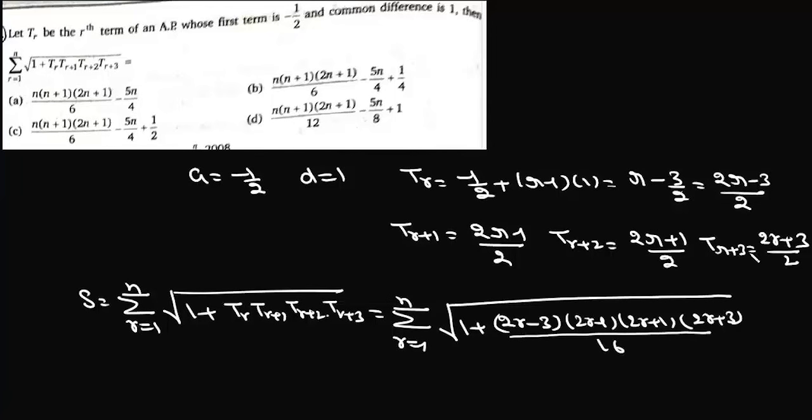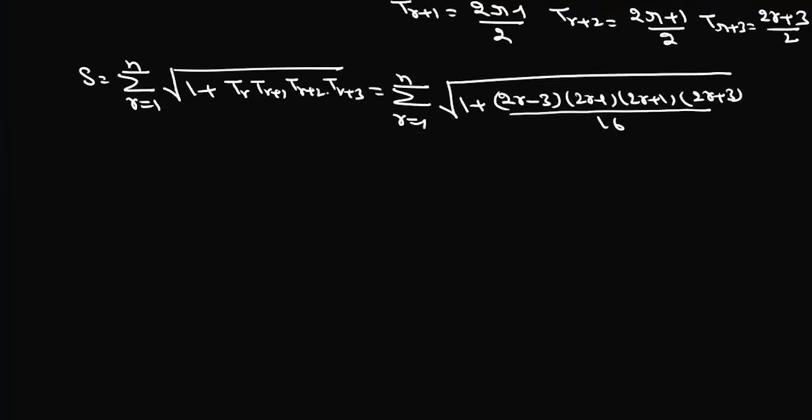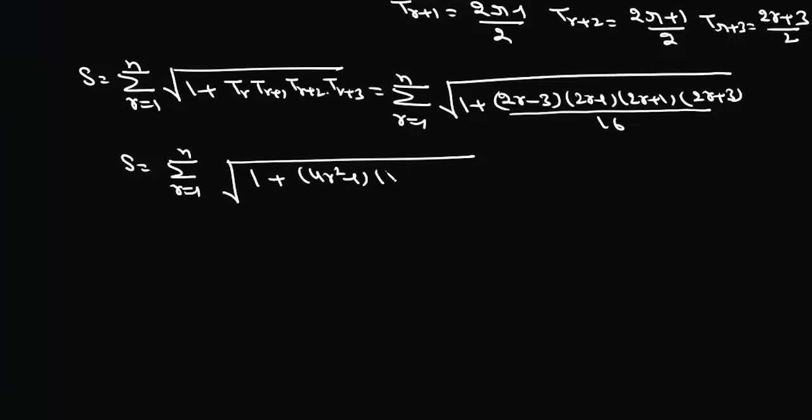Now this is (a plus b) into (a minus b). So we can write this sum as summation r varies from 1 to n, under root of 1 plus (4r square minus 1) into (4r square minus 9) whole divided by 16.